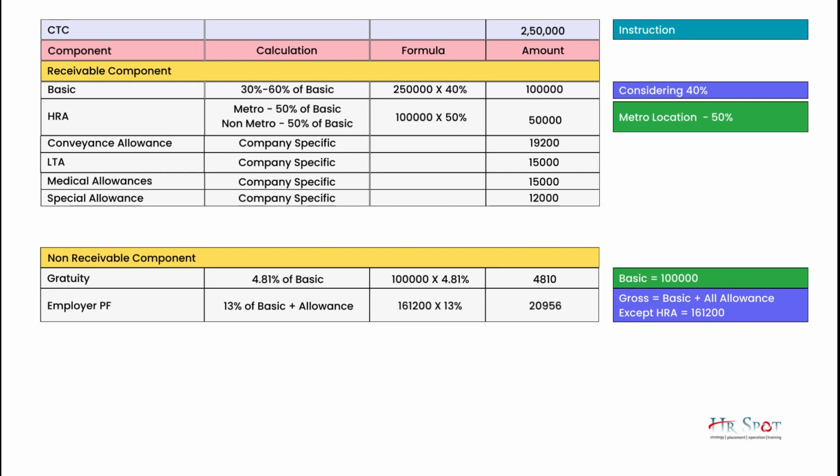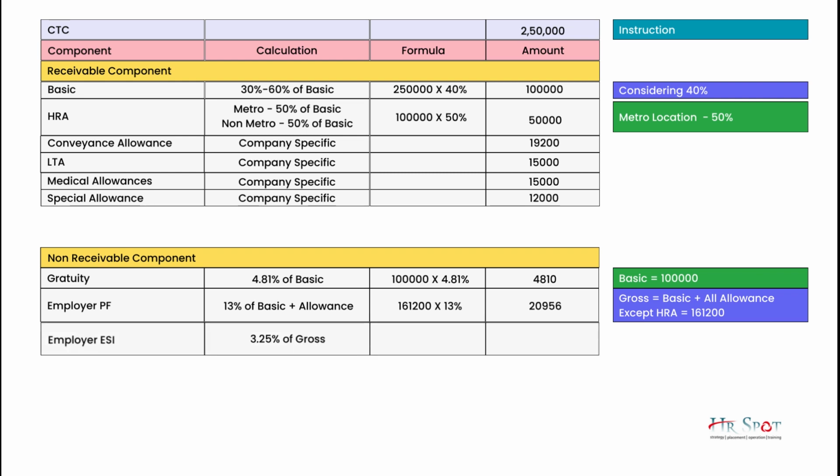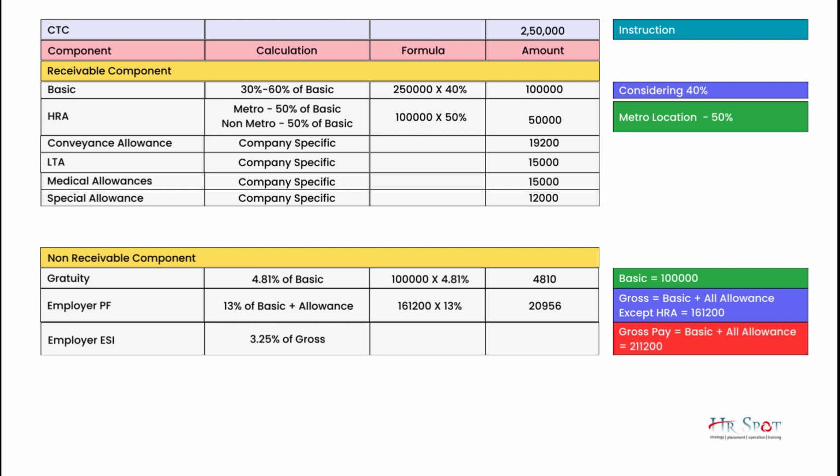Then there will be employer contribution of ESI. Now for calculation purpose, we are going to again calculate gross pay for ESI, which is everything in the basic and all allowances in the receivable parts.